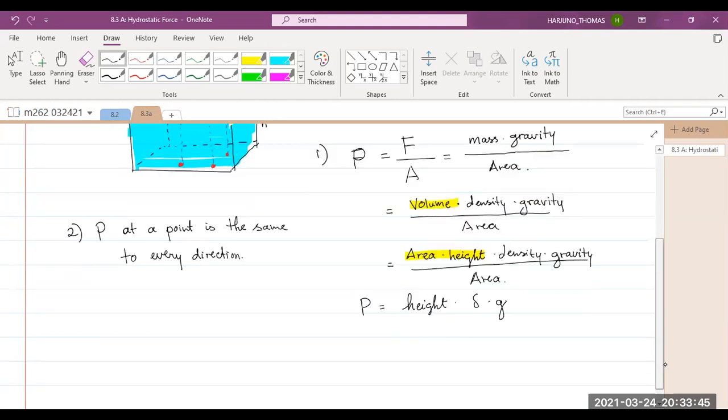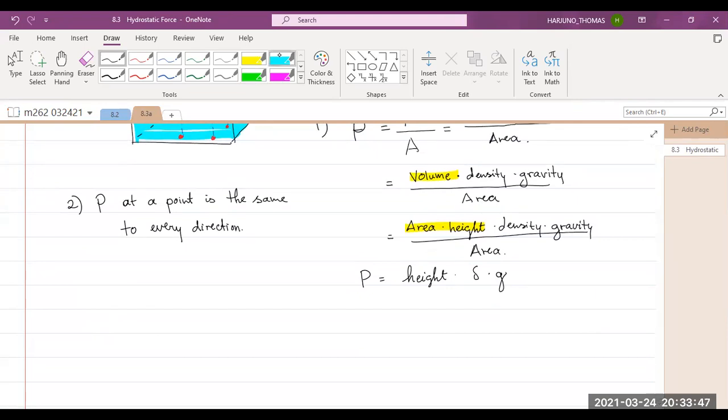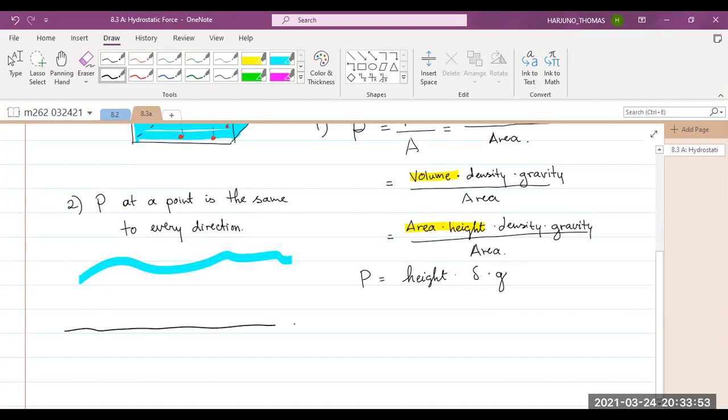In other words, let's say you swim in the ocean maybe, or in a pool. Now, the pressure that you feel on your ears will not change whether you turn your head downward, sideways, or upward.